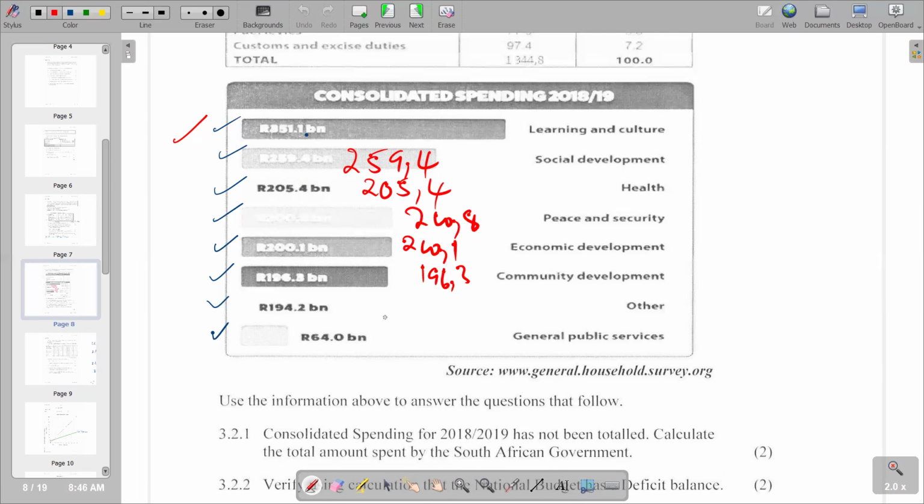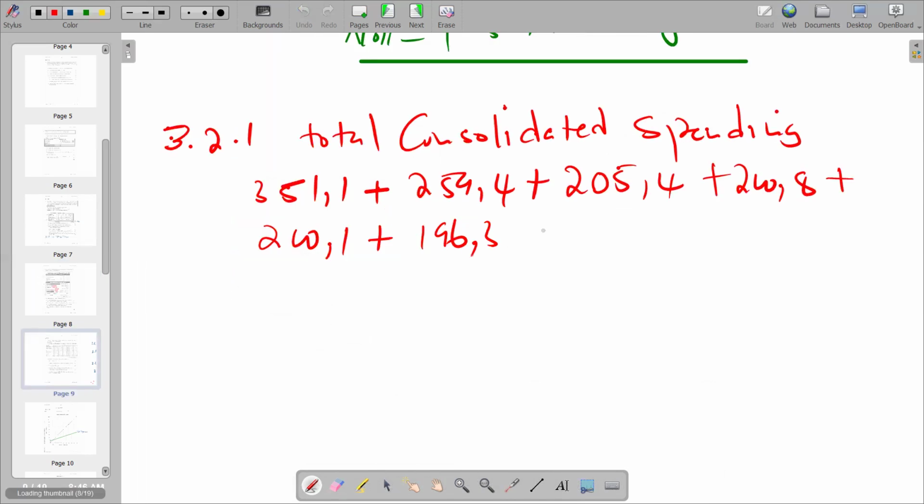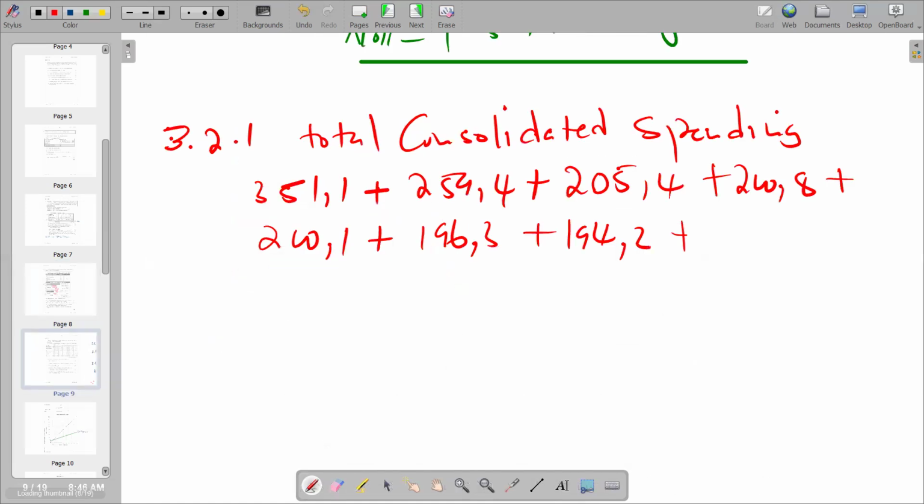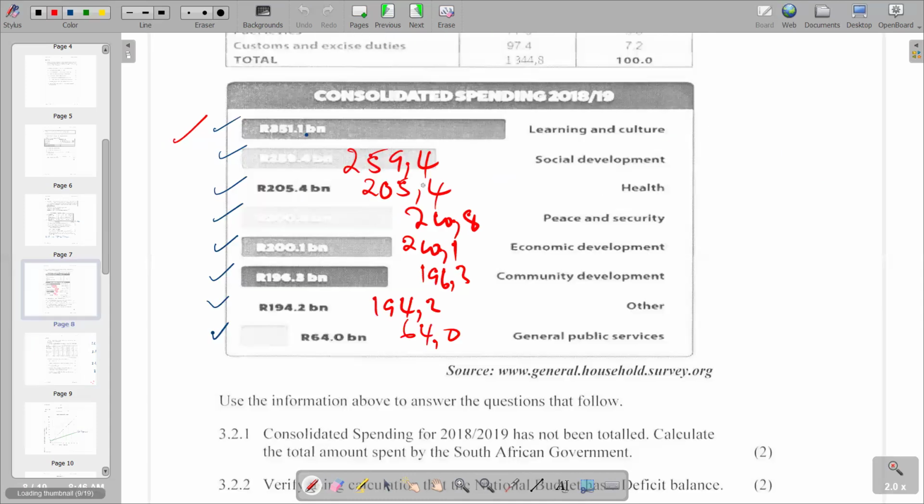Then the next one is 194.2. Then we check the last one, which is 64.0. So basically, if we add there, you see that the total is 1,671.3. And you see that our figures are presented in billions. So you can just take note of that.